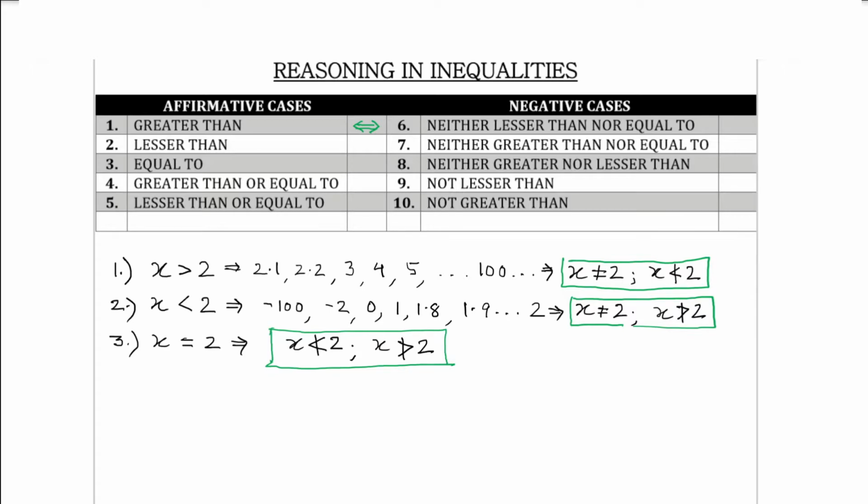At the same time, I can present the same case in an affirmative manner. If x is neither greater than 2 nor equal to 2, what am I trying to convey? I'm trying to convey that x is less than 2. So can we establish a synergy between the second case and the seventh case? Yes. So the synergy has been established.